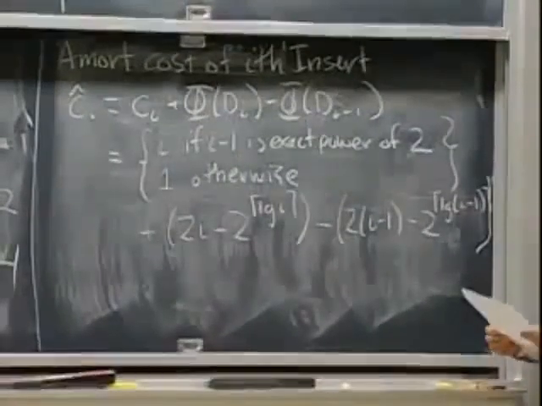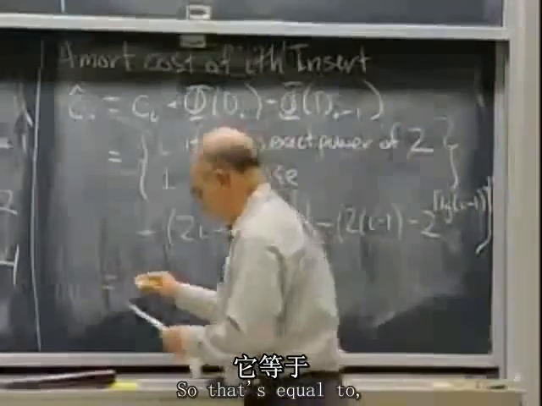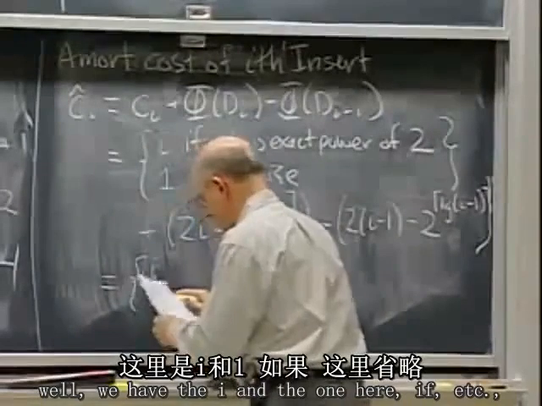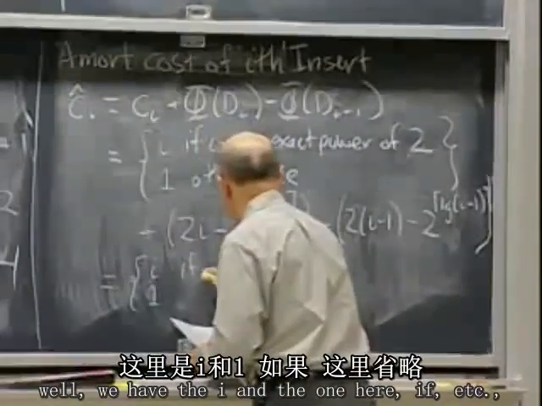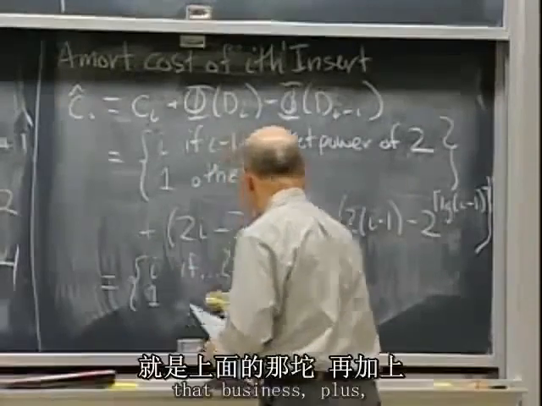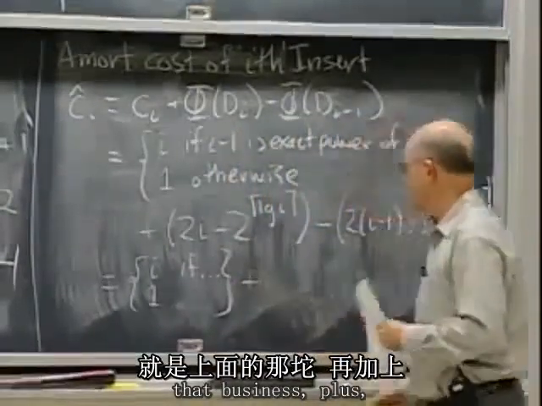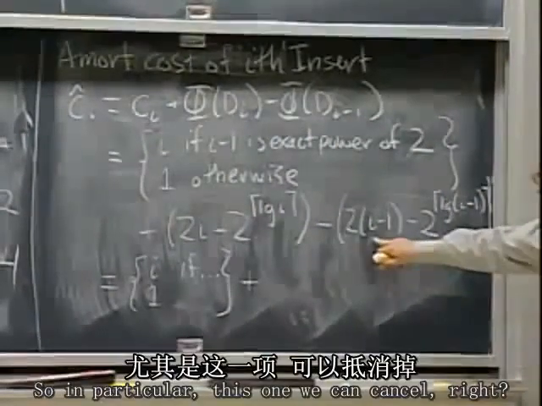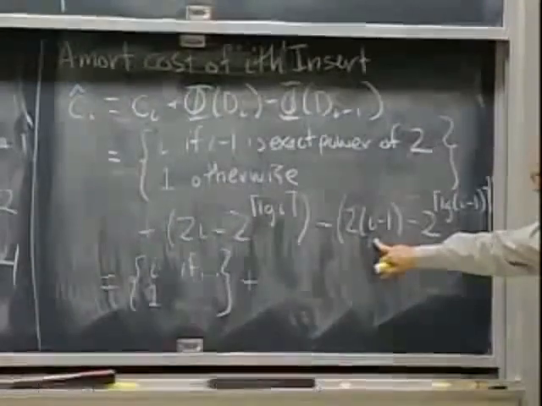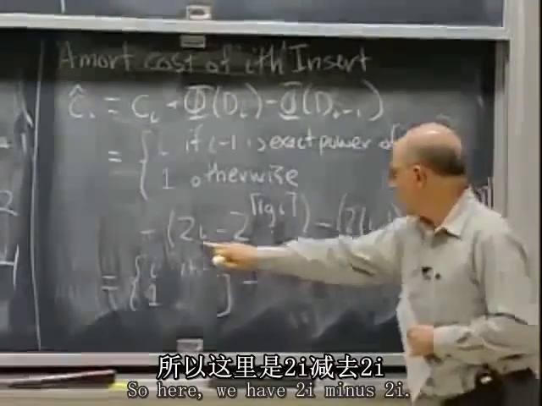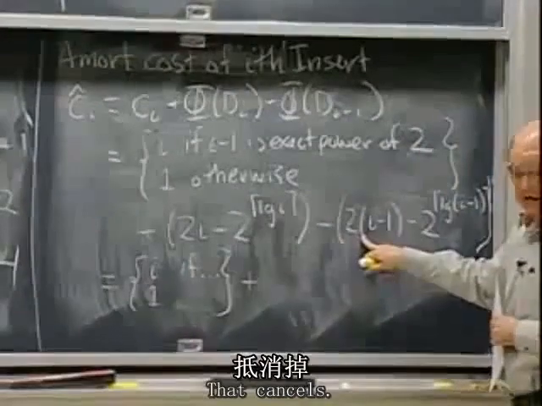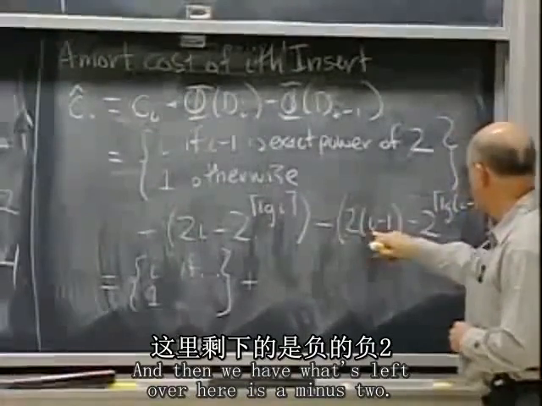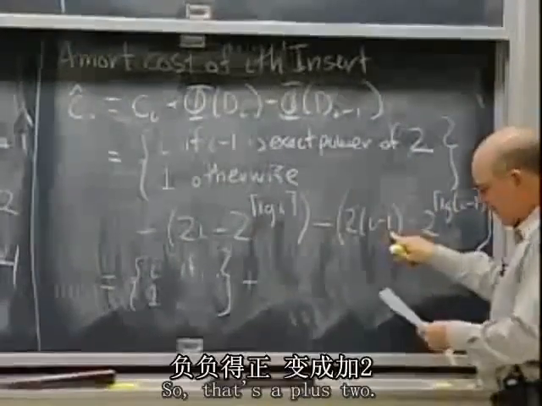Okay. So that's equal to, well, we have the i and the 1 here, if, etc. That business, plus, okay, well, we have some things we can cancel here, right? So in particular, this stuff we can cancel, right? So here we have 2i minus 2i. That cancels. And then what's left over here is a minus 2, so that's a plus 2.